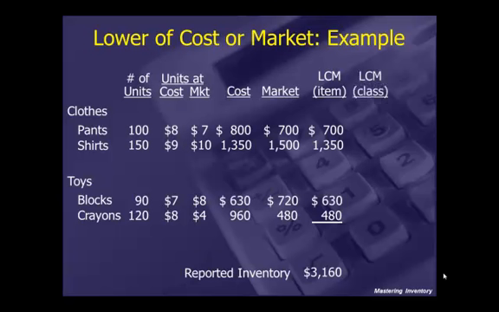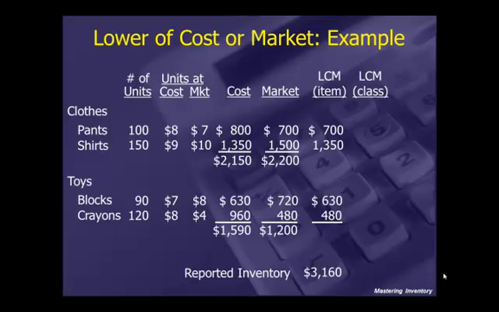If we do it by class, we'd be looking at clothes and toys as a group. So we go back and we would subtotal the cost for clothes, $2,150, market $2,200, and we'd pick lower of cost or market that way. Let's do it for toys, $1,590, $1,200. Now let's do it by class.